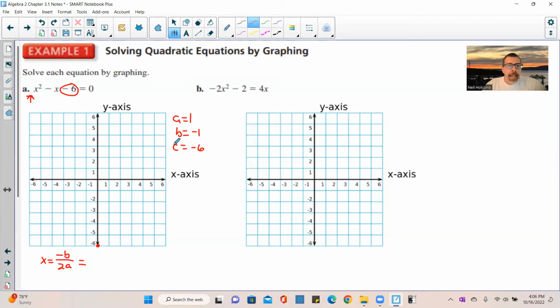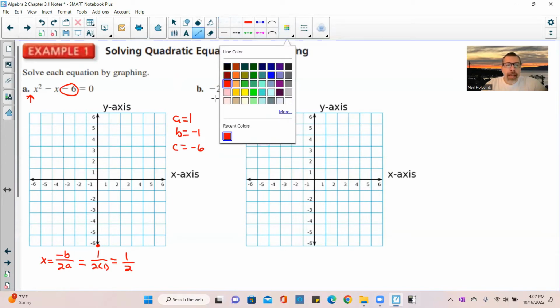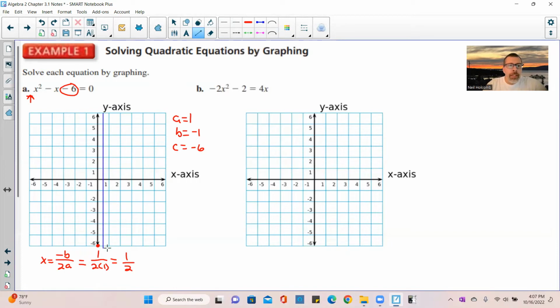So if I take -b, be careful with the negatives, a -1 is 1, and 2 times 1, I'll just show it, is 2. So I get 1 over 2 or 1/2. So that means I have a vertical line at, let me do it in blue, x equals 1/2. So this is my axis of symmetry right here.